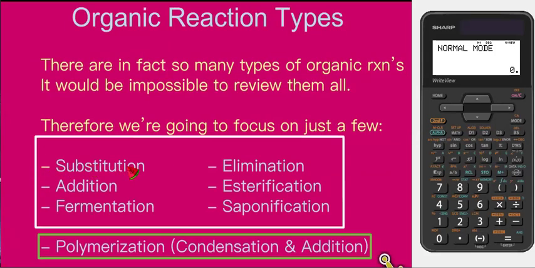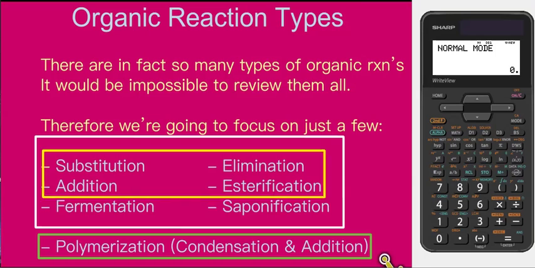You do substitution, addition, elimination, and esterification. You do the first four. Normal. Others they might do. So you're doing the one in the yellow box. There is no extra. There's only 4 reactions.